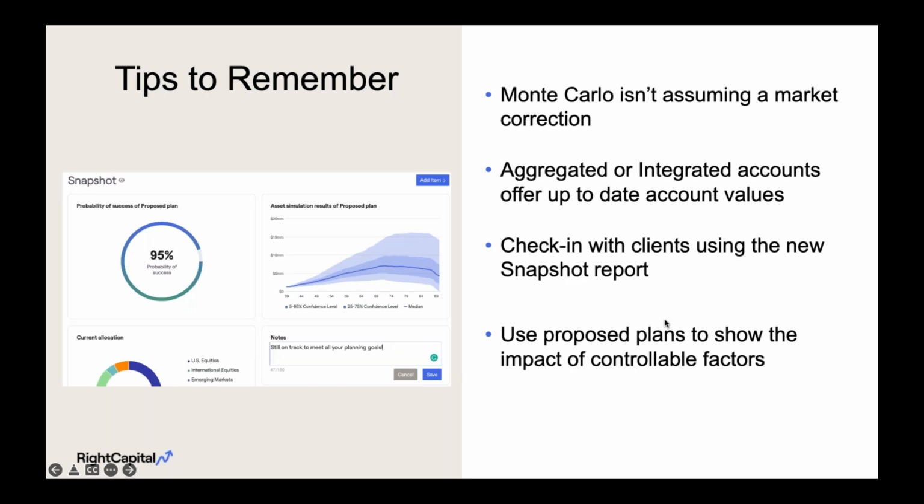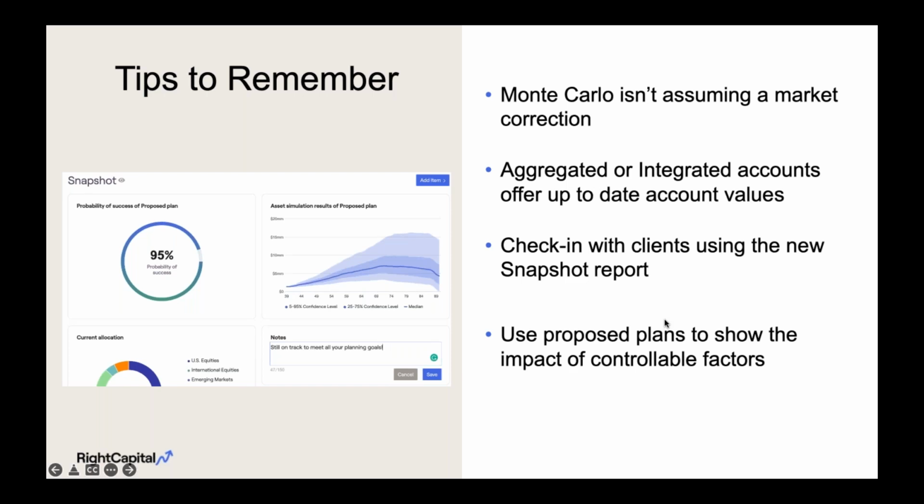If there is going to be, let's say, a downturn in the markets, we know that they'll probably come back. And although RightCapital is going to model some complex Monte Carlo scenarios with random volatility as it projects into the future, we're not counting on a market correction. We are essentially counting on random volatility. So understanding that the future might even be a little rosier than the system might be projecting is helpful as well.